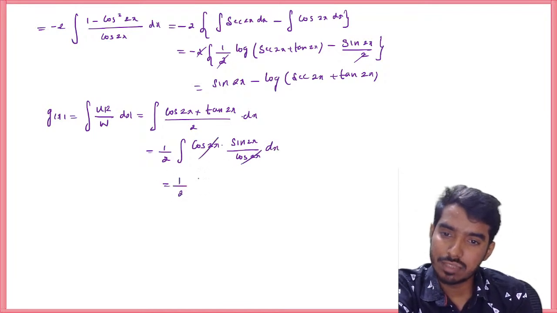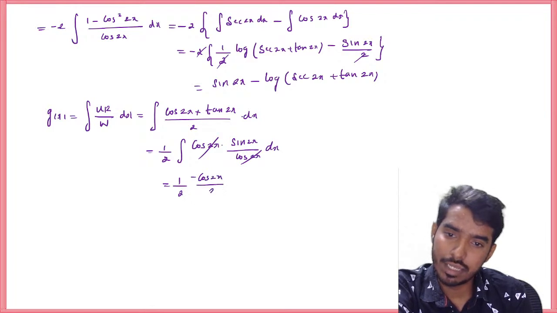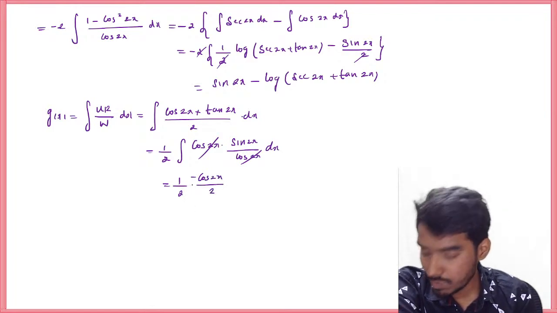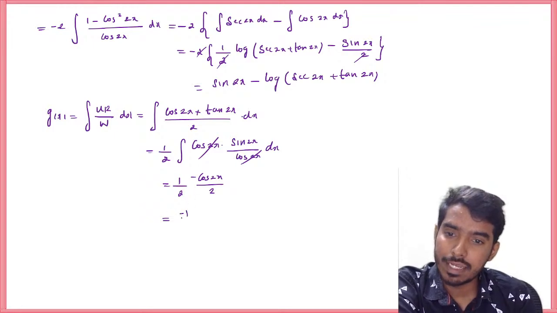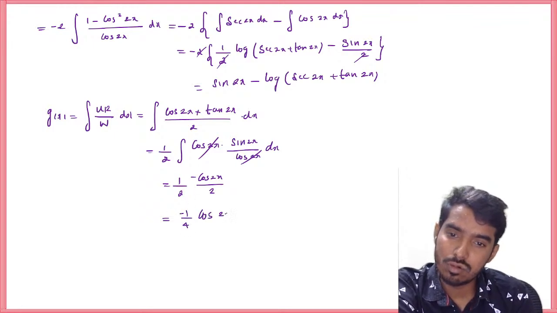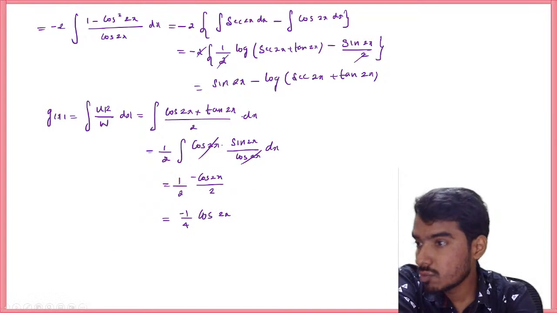So integration of sin 2x is minus cos 2x by 2. So minus 1 by 4 cos 2x.